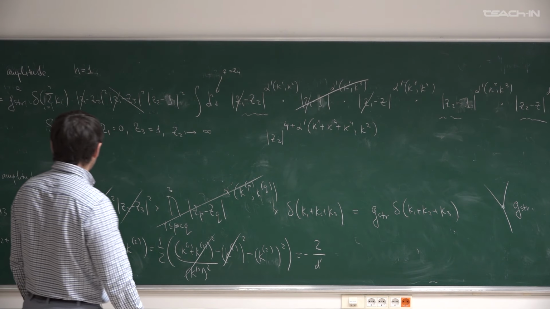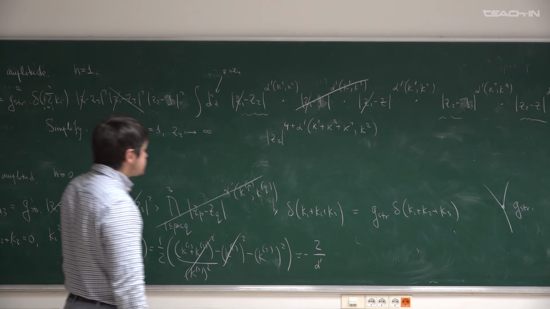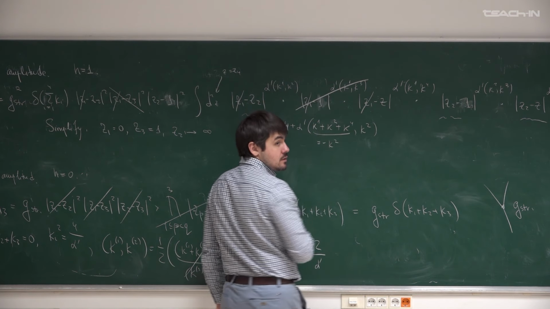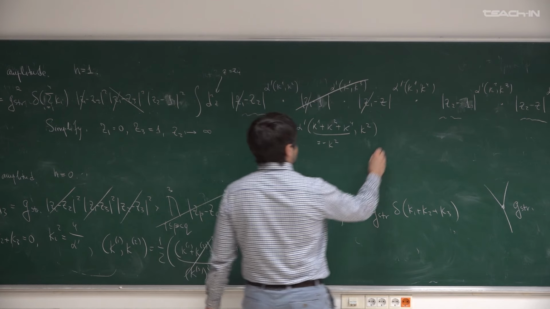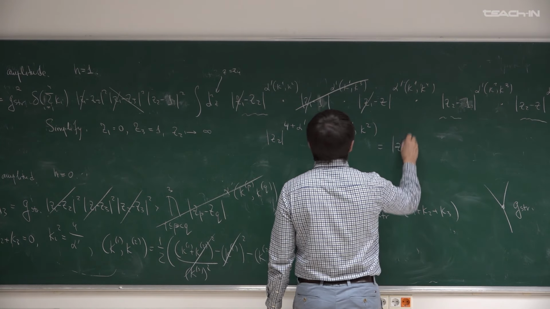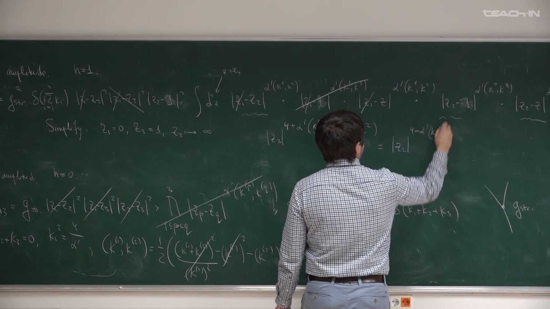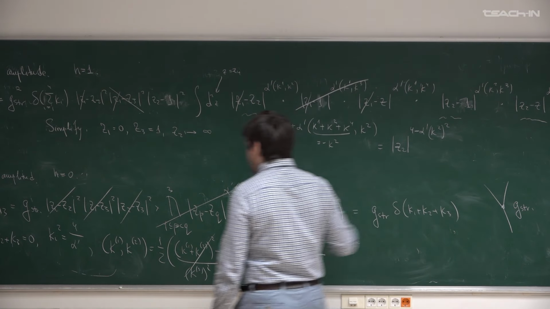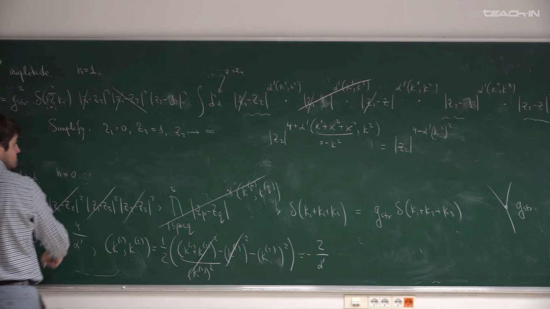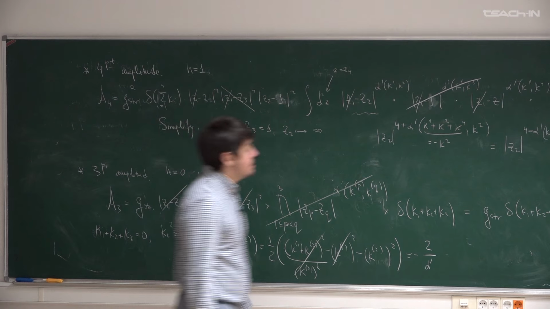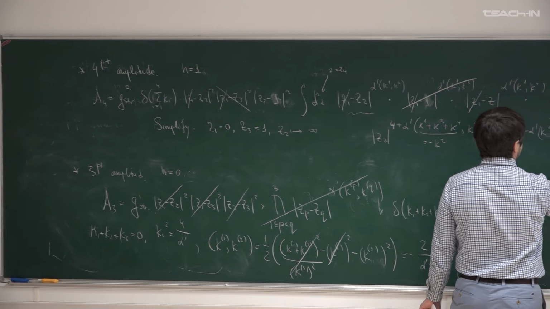And this is minus k2. So this is modulus z2 to the 4 minus alpha prime k2 squared. And by the tachyon mass-shell condition, that exponent is 0, so this is just 1.